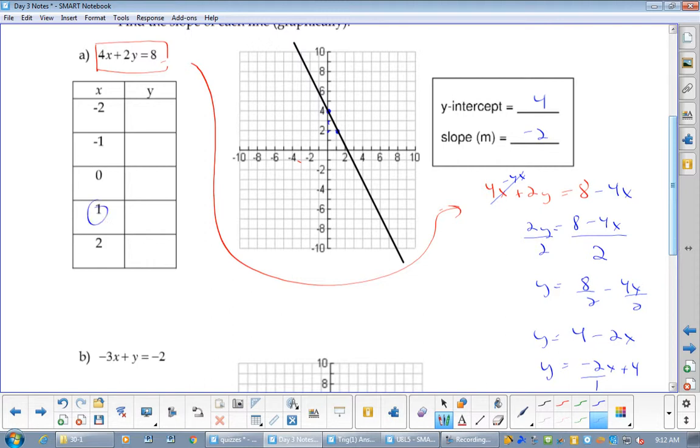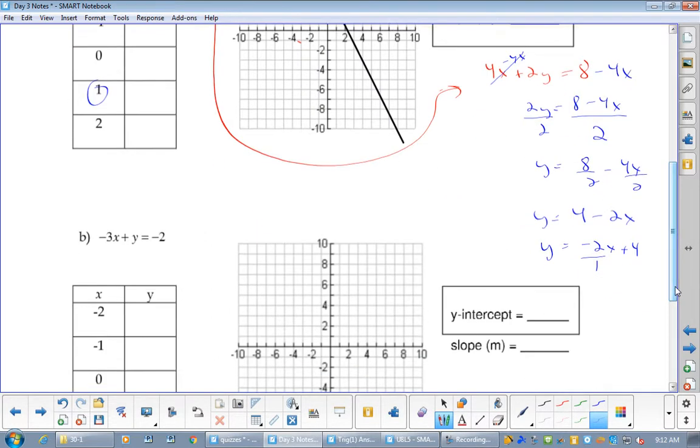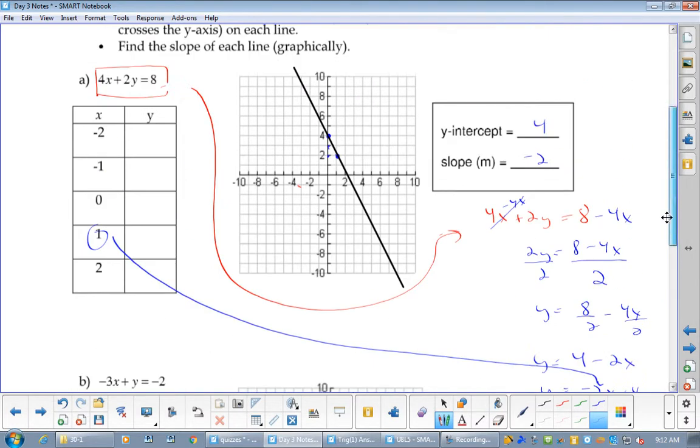So if you put 1 into your equation here, negative 2 times 1 is what? Plus 4. 2. So I'm going to put that there. 1, 2 is supposed to be on this graph. Is 1, 2 on this graph? 1, 2, right there.